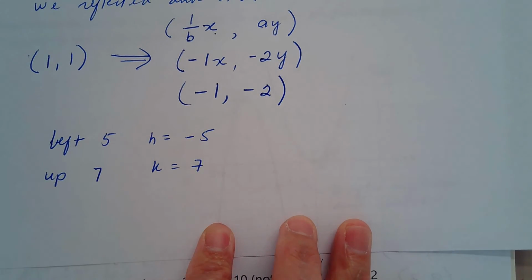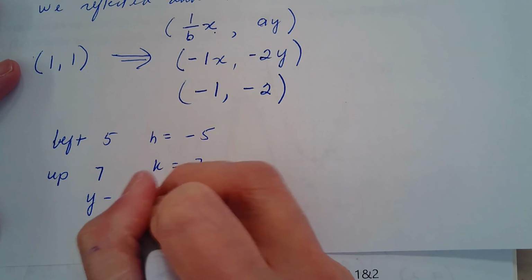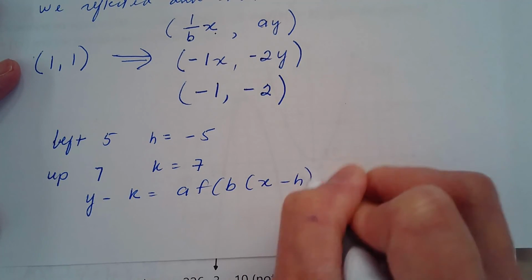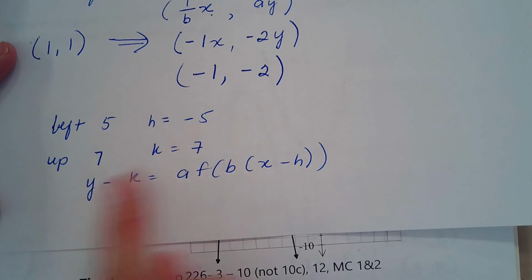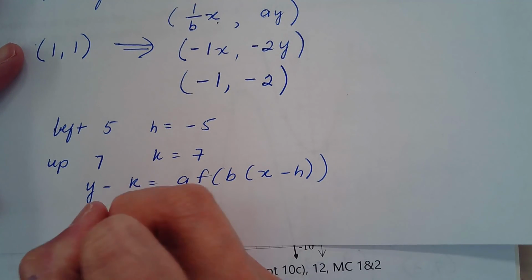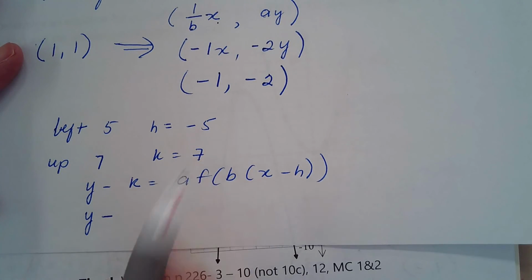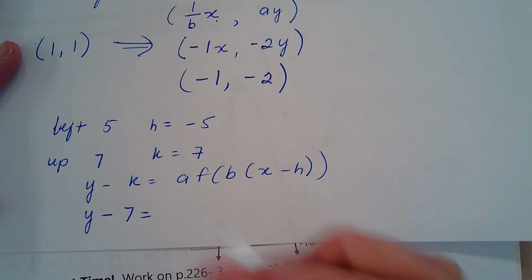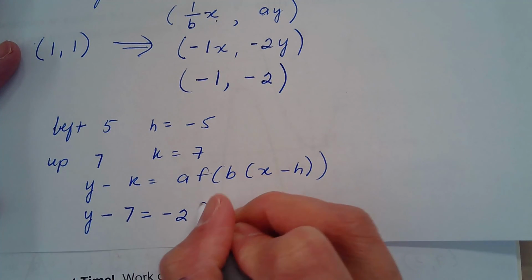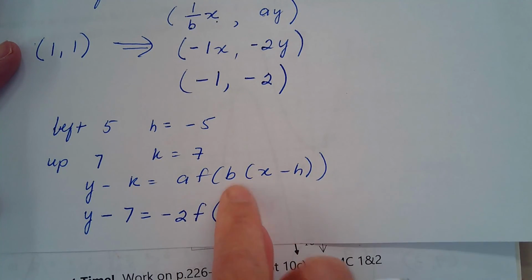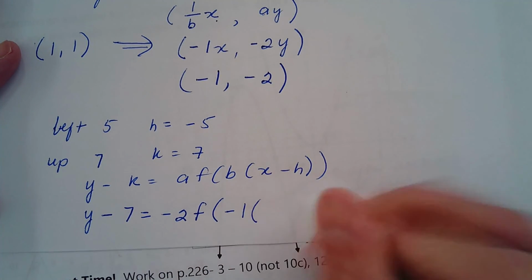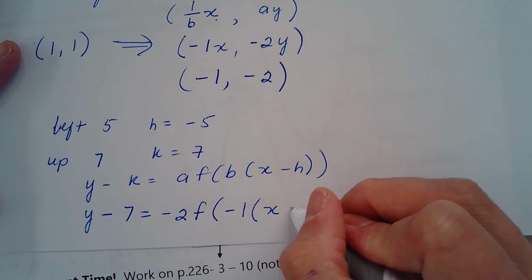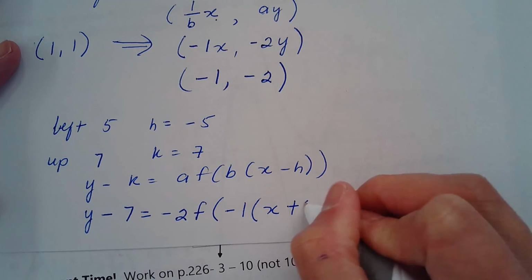So we've got everything now, right? y minus k equals A f of B times (x minus h). We're going to put those values in here. So y minus 7 equals -2 f of -1 times x, and then h is negative 5, so it's x minus negative 5, plus 5.